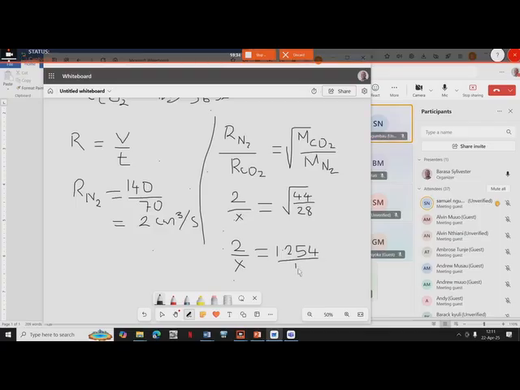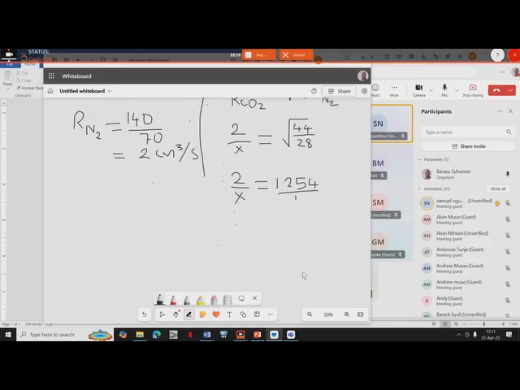Yes, Samuel Ngumbao. 1.2254 over 1. So what is x? X will be equal to, we cross multiply. So x will be 2 divided by 1.254.